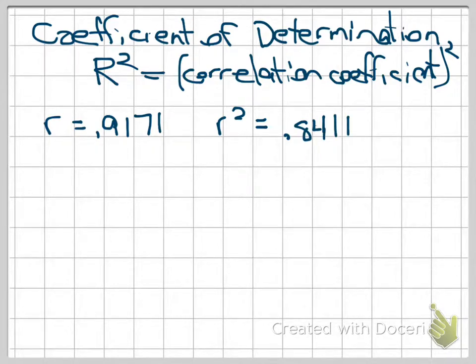Now, why is the coefficient of determination important? The coefficient of determination is important because it helps us to know how much of the variation in our y variable can be explained by the LSRL we just found.